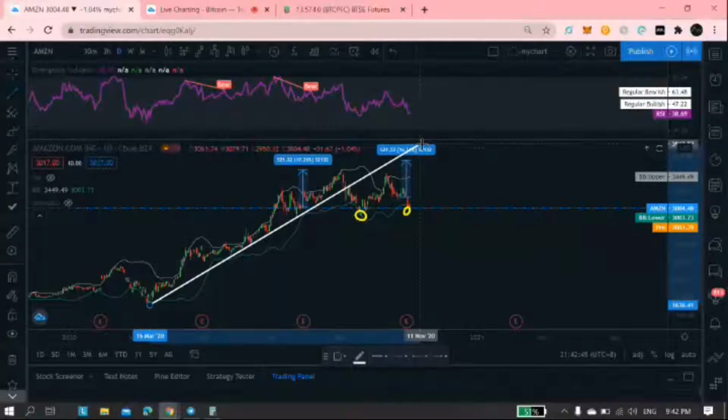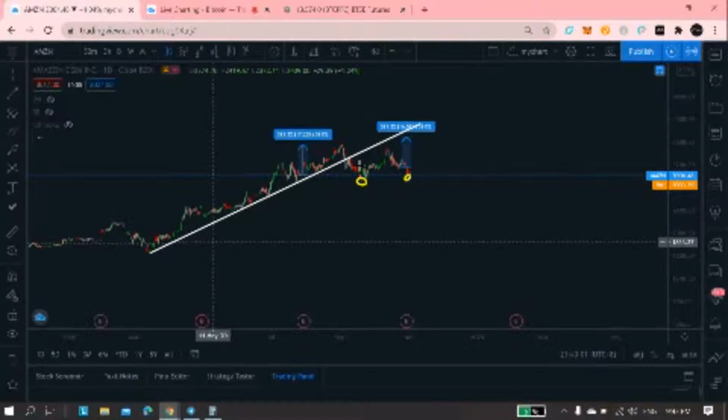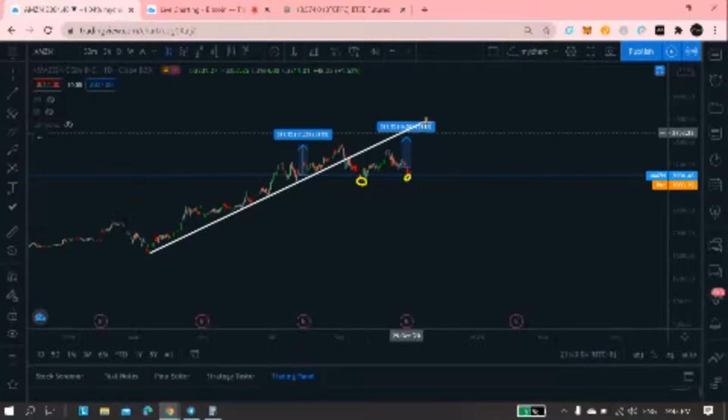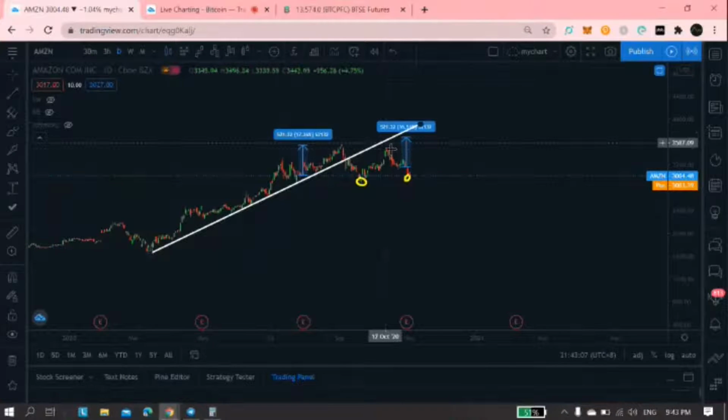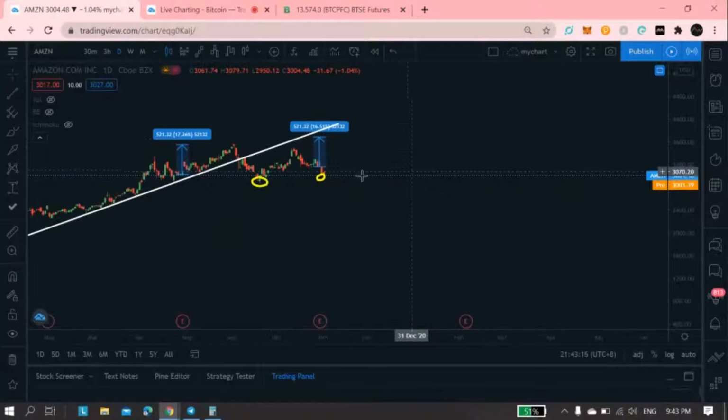Anyway, it's already a breakdown there, and then it formed... it's getting hard to break this trend line. However, it's already at the lower Bollinger Band.